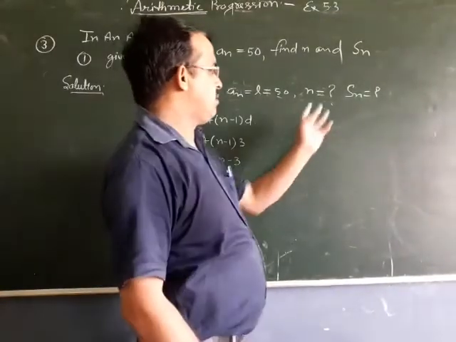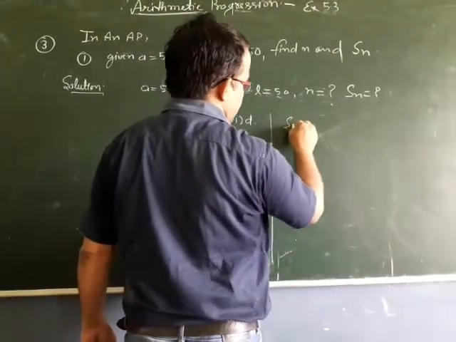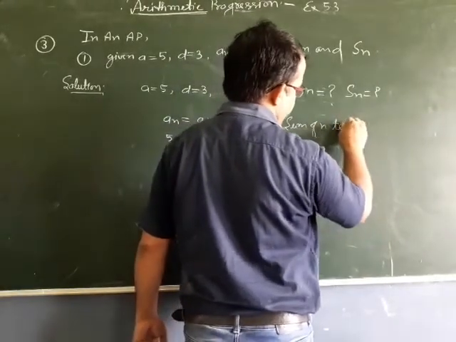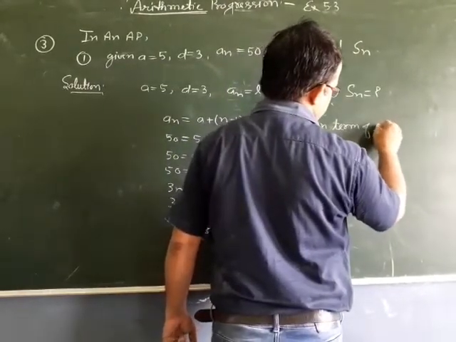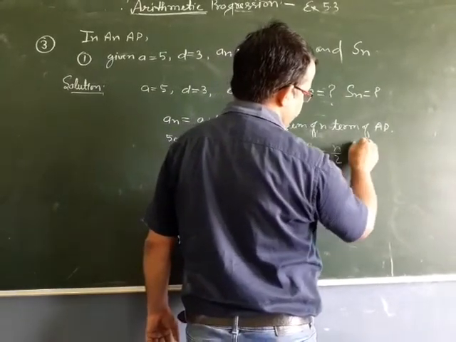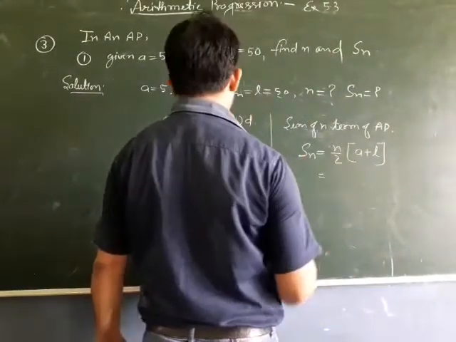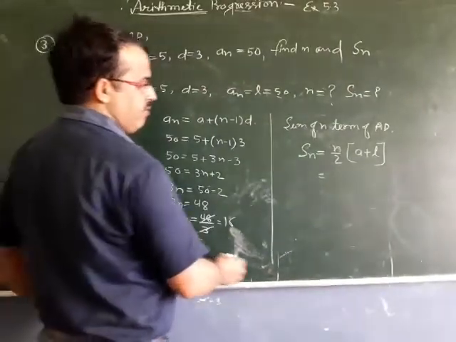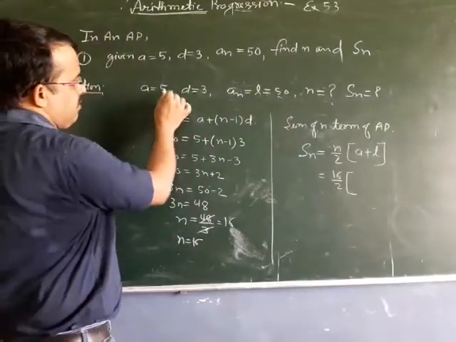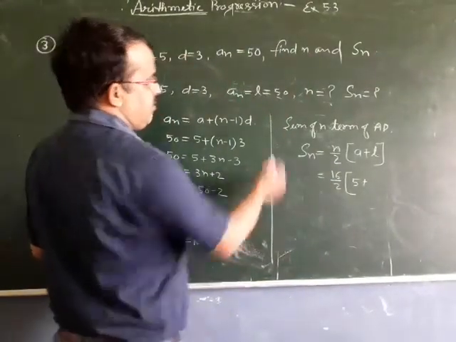Now find the sum of n terms of the AP. So Sn is equal to n by 2 times a plus l. Now n is 16, so 16 by 2, and a is 5, and the last term is 50.